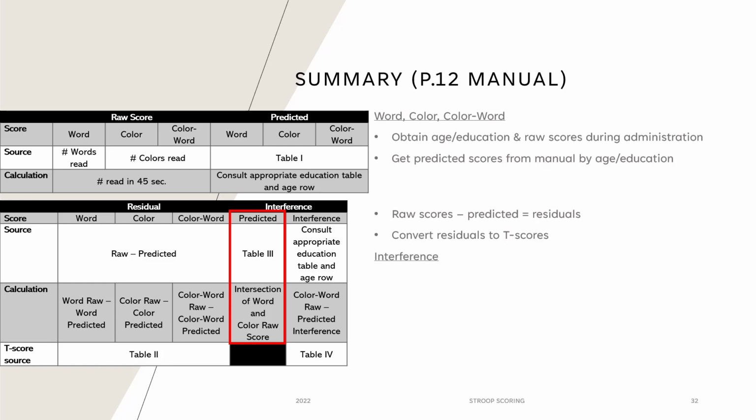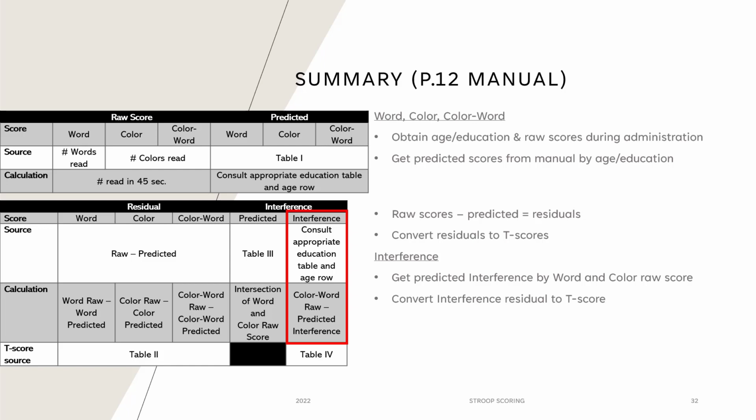Okay, we then worked on calculating interference scores. To do that, first of all, we got a predicted interference score by consulting the table and finding where this individual's word and color raw scores intersected. Next, we converted that interference residual, and interference residual is the color word raw score minus that predicted interference score.